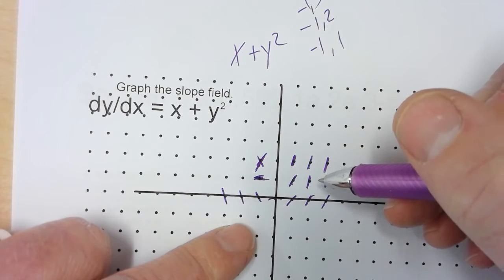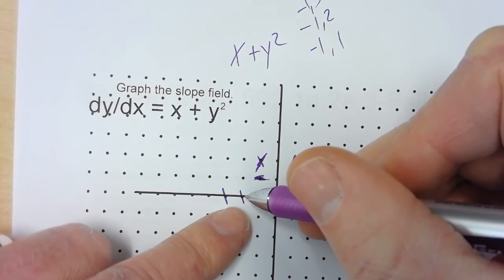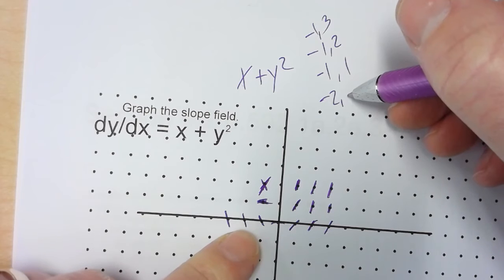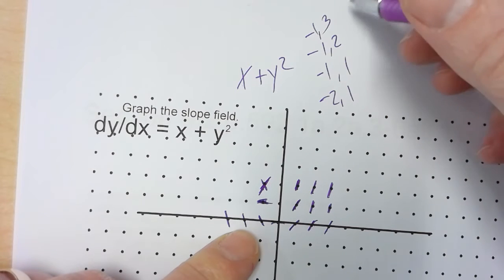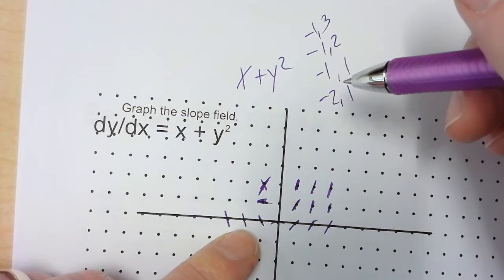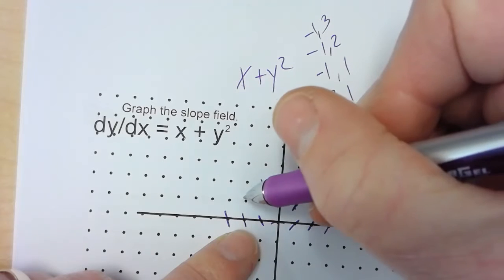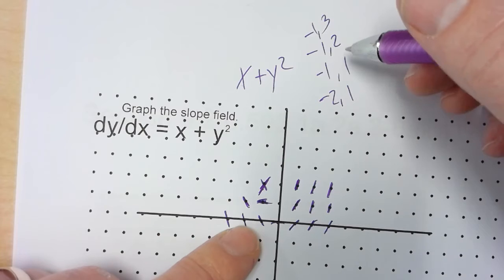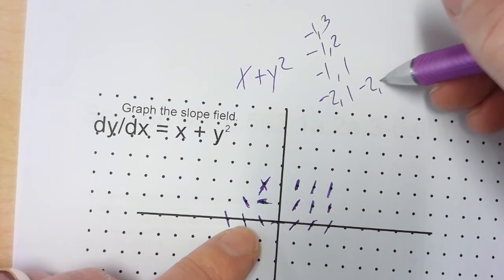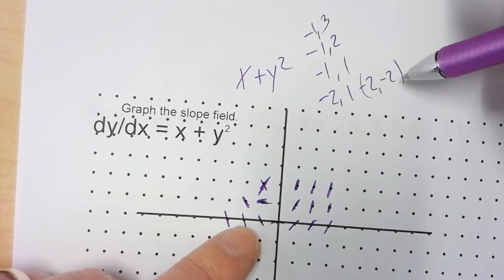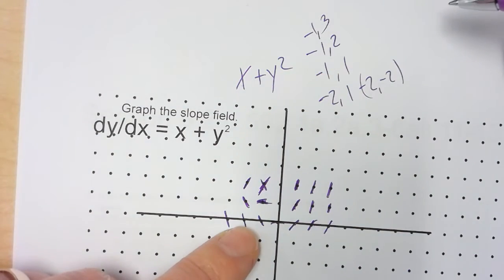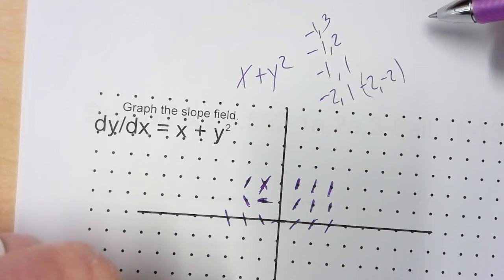Okay. And so then negative 2, 1 would be negative 1. Okay. And negative 2, 2 would be 2. All right, because it would be negative 2 plus 4.